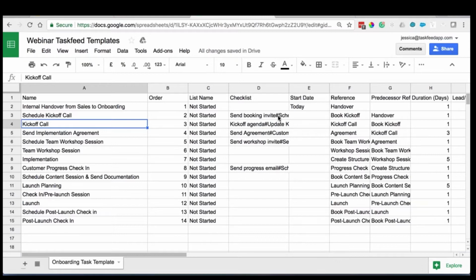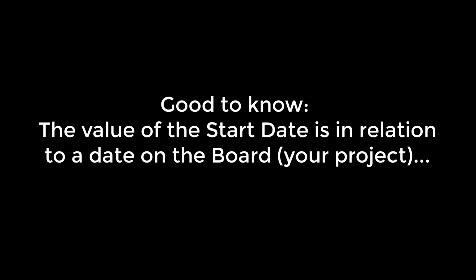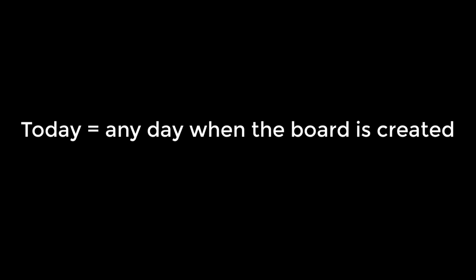So now let's talk a little bit about the scheduling. Most of the time you're going to put a start date, and because it's a template, the same way that we would create a template in Word or Excel, it's a skeleton. You're not going to put an exact date. When creating a template, use a generic placeholder date that represents when the first task should start in relation to the board.